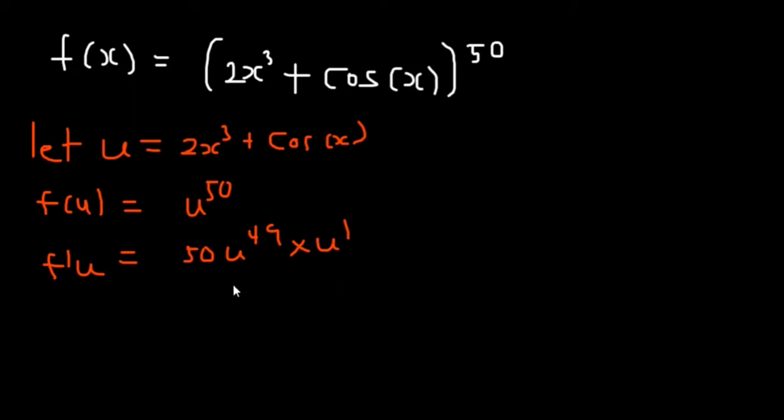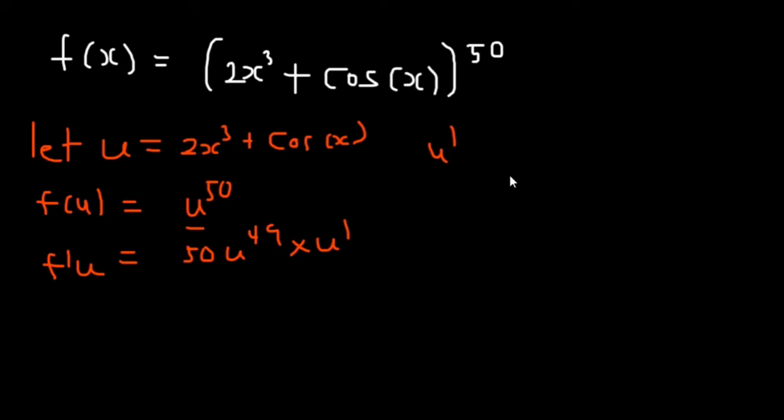First of all, I find the derivative of the whole expression, then find the derivative of u, then I multiply the two. Now you know that u equals 2x to the power 3 plus cosine of x, but we don't know u prime, so our main focus will be on u prime.